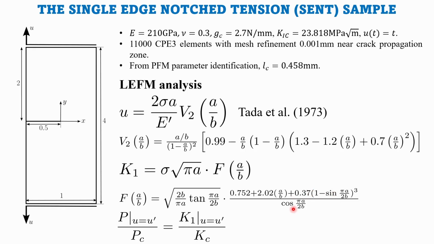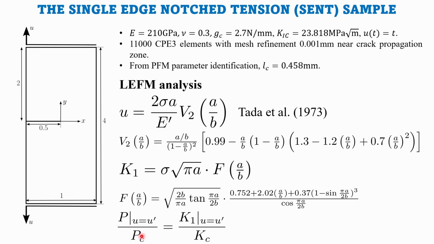Now, assuming complete linearity, we can write this scaling, correct? P at u equals u dash by PC.